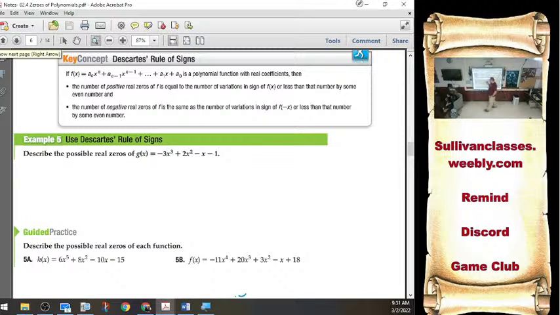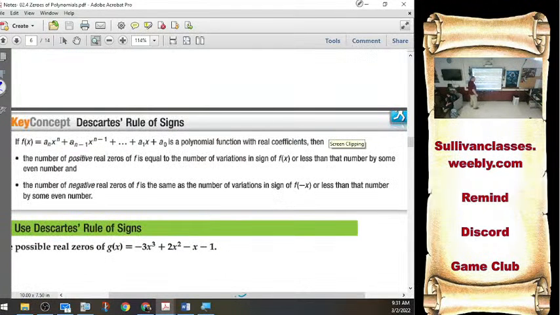Okay, Descartes' rule of signs, what it tells me is how many positive and negative real zeros I got to even try. If I plug in a positive x, okay, all of this is in mathese, and I look at the sign changes, I count the sign changes, that's going to tell me how many positive real zeros are possible.